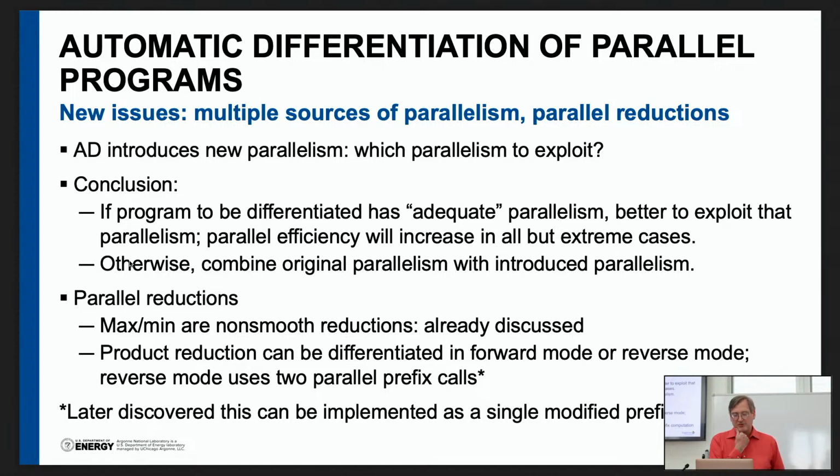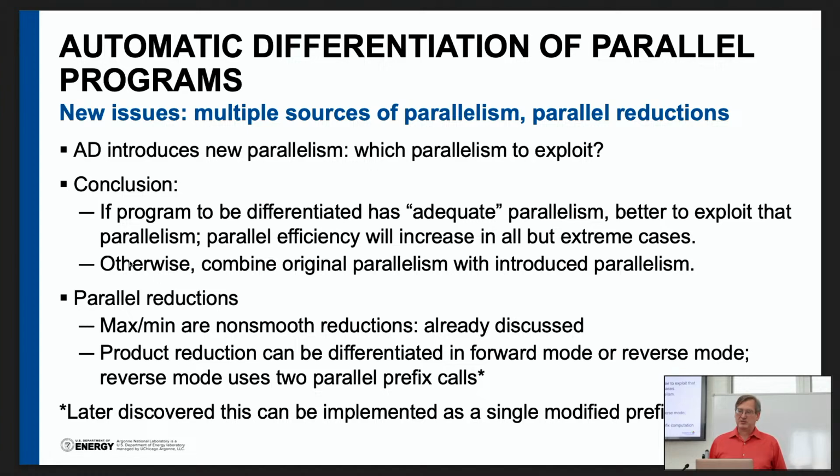And then finally, I looked at some new issues. So AD introduces some new parallelism. I mentioned that earlier, the work by Dixon and Bischof. Which parallelism should we exploit? The conclusion is that almost always, if the original program to be differentiated has adequate parallelism, it's better to exploit that parallelism.